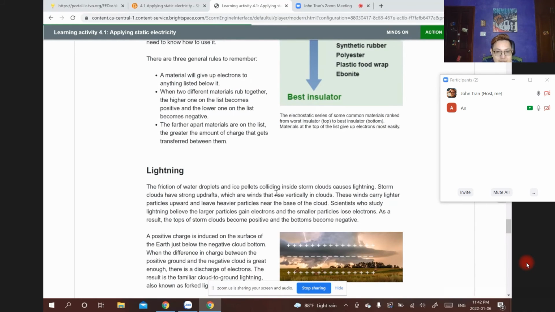Storm clouds have strong updrafts. The updraft is the wind that blows upward in the cloud. This wind carries lighter particles upward and leaves heavier particles near the base of the cloud. So basically, because of these winds, the heavier ones are at the base of the cloud, but the lighter ones are on top.